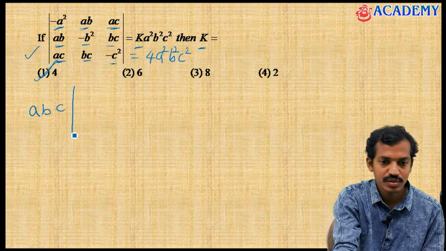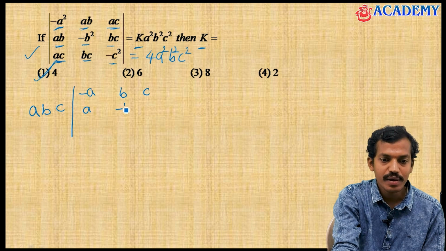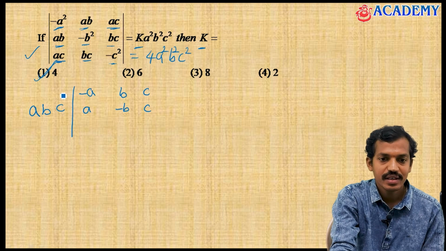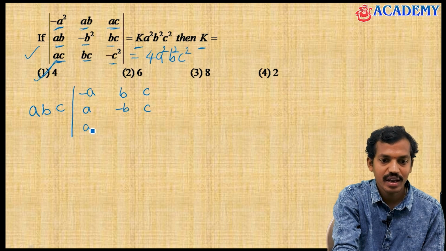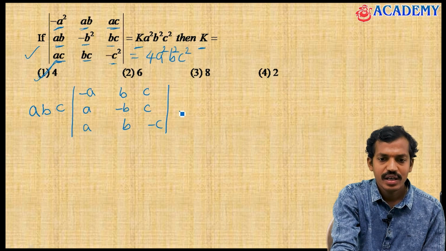The matrix is going to be simply: in the first row, minus a, b, c. Next, in the second row we took b common, so that is a, minus b, c. In the third row we took c common, that is a, b, minus c.